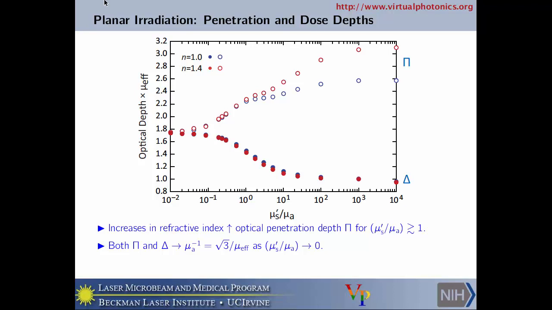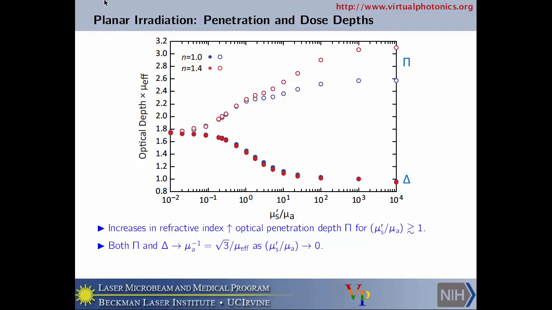And that's certainly the case. But you start to get much larger dose depths relative to mu effective as you get more and more absorbing. And actually here, in the limit of essentially no scattering, this approaches the square root of 3. And it's the square root of 3 because of this factor here, okay? So that actually gives you mu sub a identically.